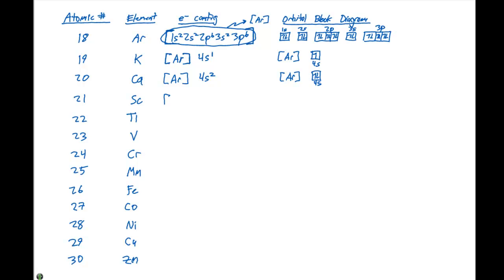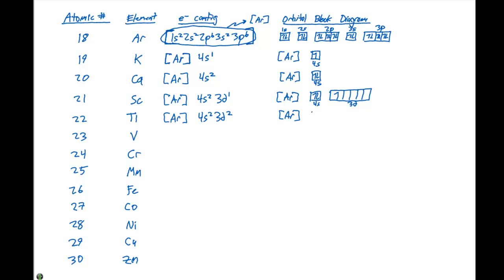For scandium, we have the argon noble gas core, and it's going to be 4s2 3d1. So we can give our argon core here, show our 2 4s electrons, and then the next in line is the 3d, and it's going to have one electron in that 3d orbital. For titanium, we have the argon core, then 4s2 3d2.